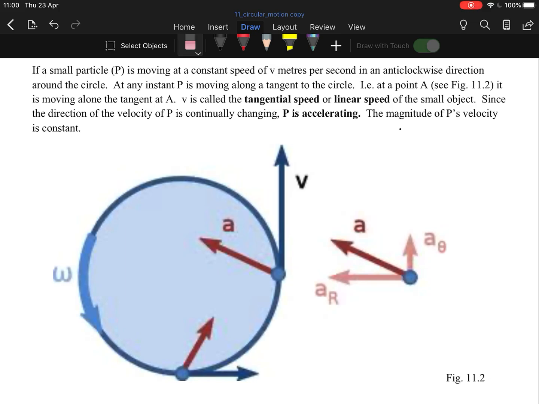So what this is, okay? I'm going to rub this out now. So because of this, all right, what happens is, what do we call this speed? Okay, well, because it's moving at a tangent, it says it up here, it is also known as the tangential speed. But what you'll often hear being called is linear speed. So technically it's the tangential speed because it's moving at a tangent to the circle the whole time.